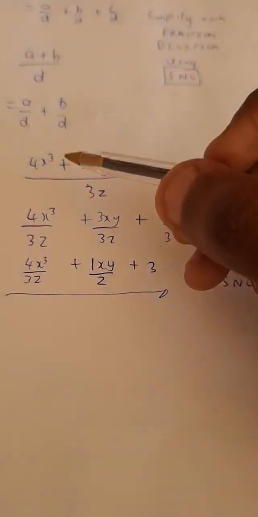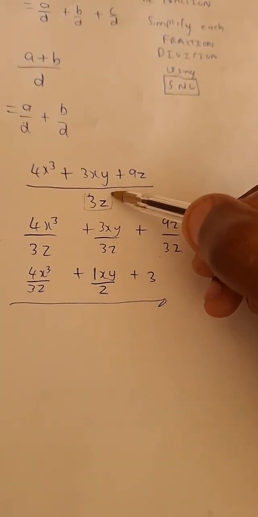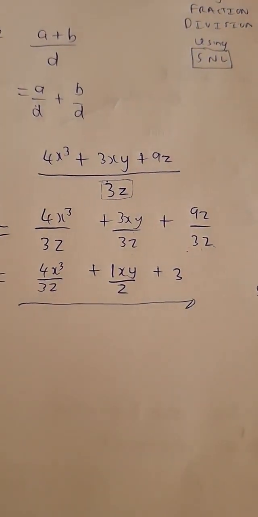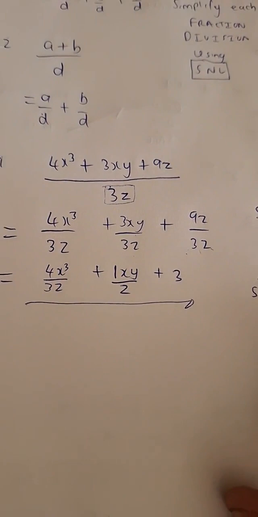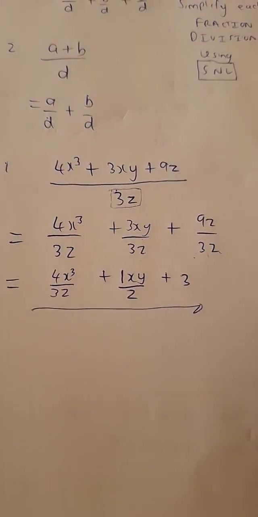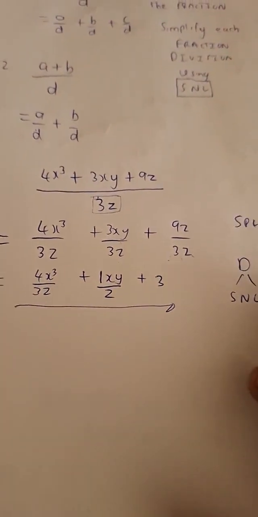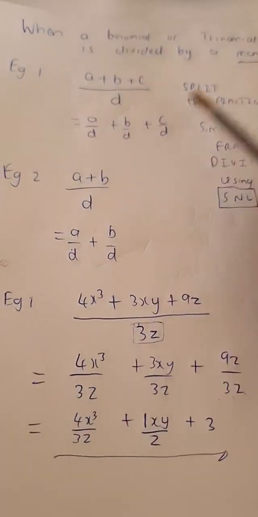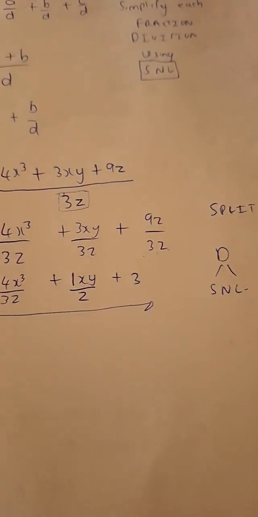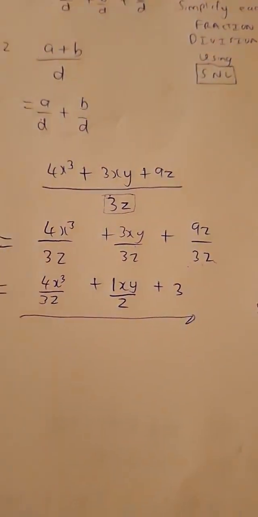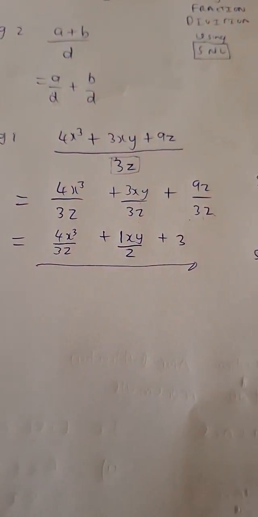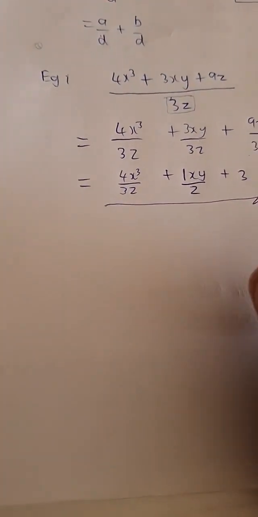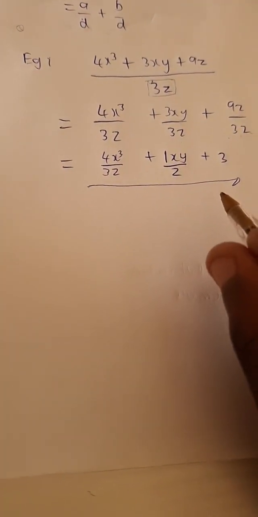This is only applicable when in the denominator you have one term, but in the numerator you have a few terms. Hopefully that makes more sense when you see the practical example. These are all little algebraic rules that we need to always consider. When we know them, it's nice.